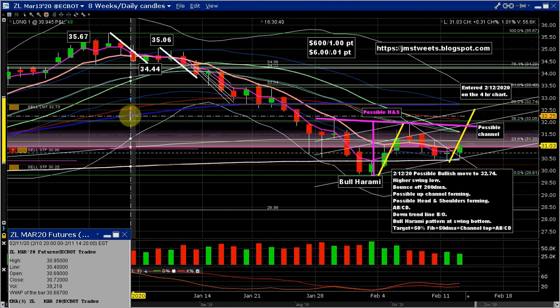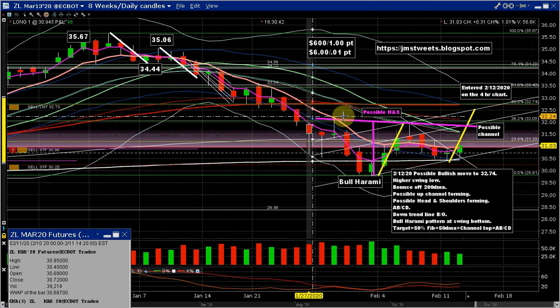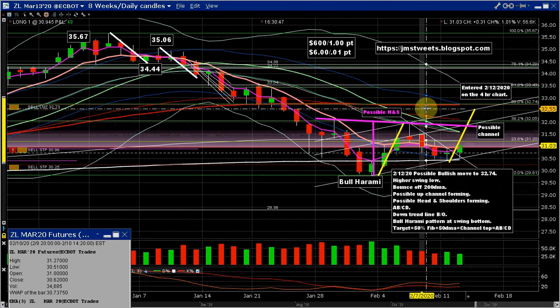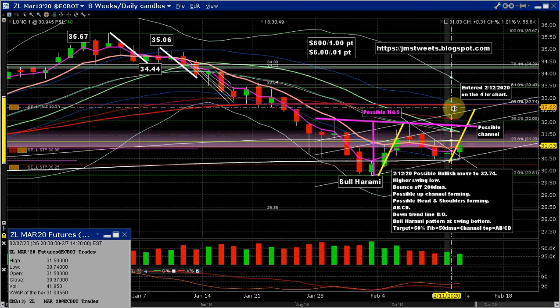This red wavy line, that is the 50-day simple moving average. It's very flat here, and it's following exactly along at the 50% retracement level, which is amazing. So you got the 50-day simple moving average aligned with the 50% Fibonacci retracement, so that adds some credibility to that level as a target.